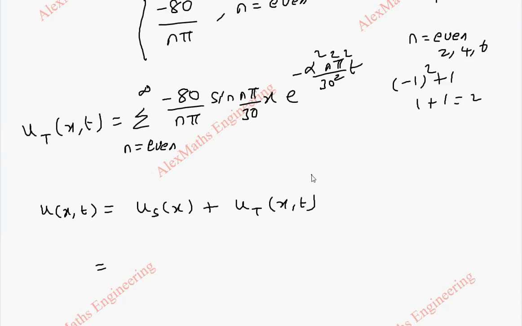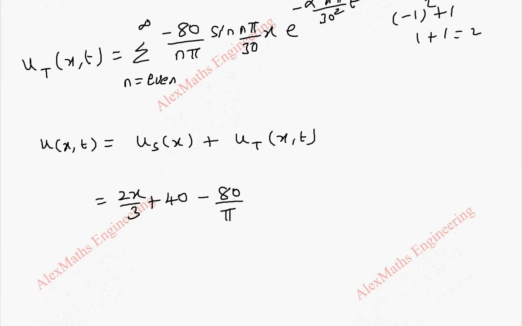So we can substitute that here, 2x by 3 plus 40, and here we can take the common, the constants outside the summation, and so already minus is there, so we can take minus 80 by pi, and we can now write the summation, which is from even till infinity.